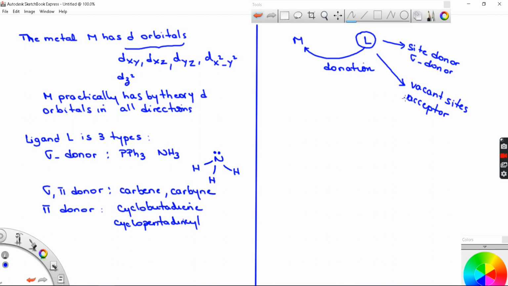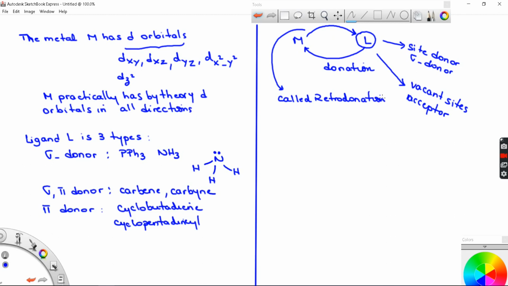The acceptance may be from the metal, and this is called the retrodonation.